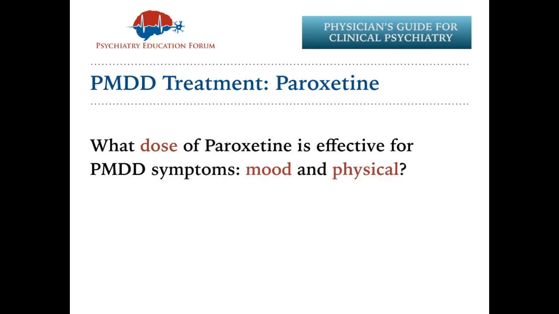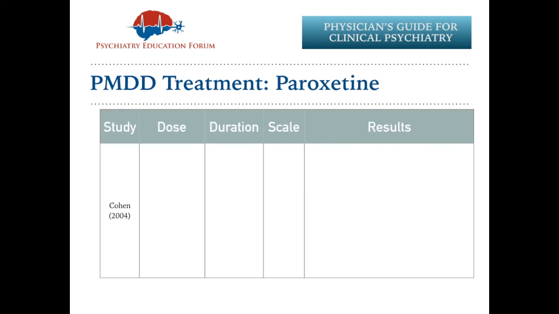What dose of paroxetine is found effective for mood and physical symptoms of PMDD? Here, a study done by Cohen, published in 2004. This was a multi-center, randomized, double-blind, placebo-controlled trial, and they used paroxetine CR formulation.